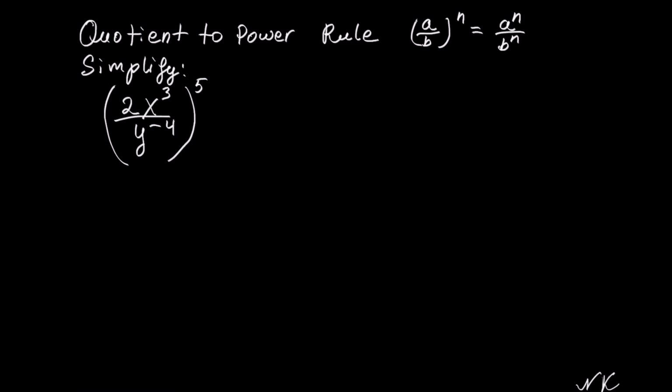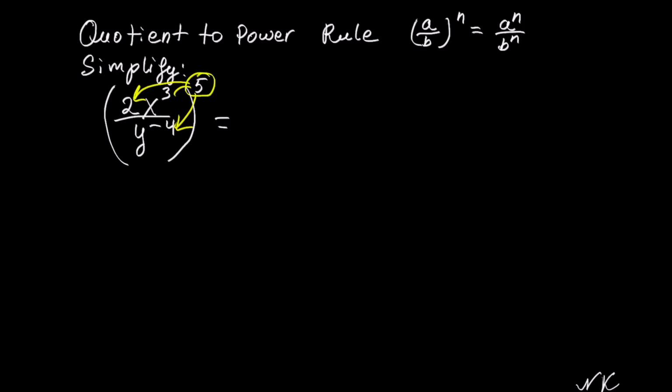Here we have to simplify 2x to the third out of y to the negative 4 raised to the 5th power. So let's use the power rule and distribute this exponent into the parentheses.